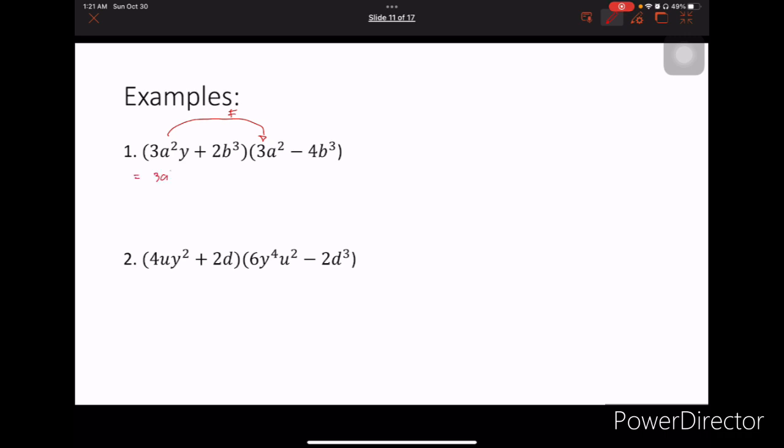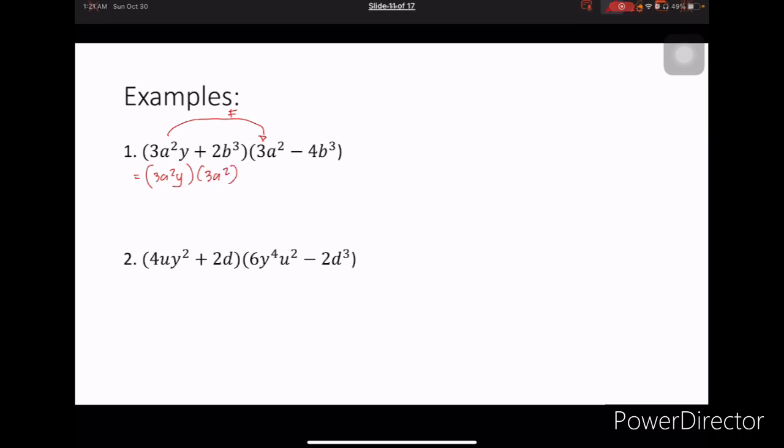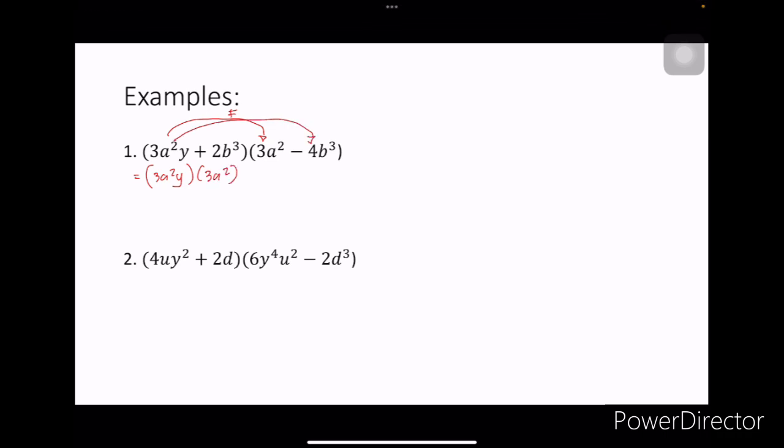So you have 3a squared y times 3a squared. Then the outermost terms. Just write plus, and for each term of each factor, you just copy the sign. So you will have plus 3a squared y times negative 4b cubed.